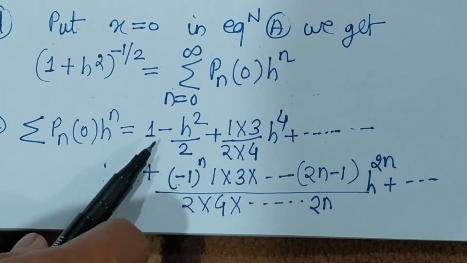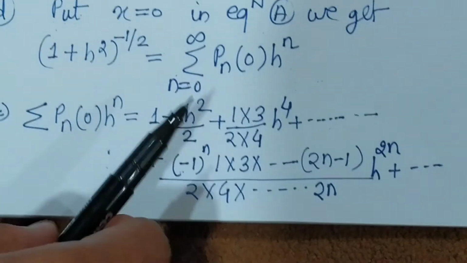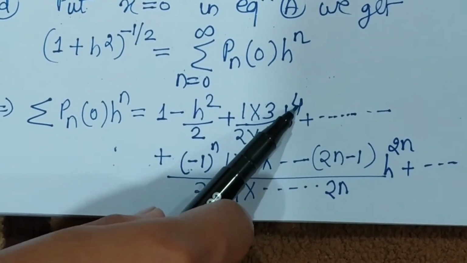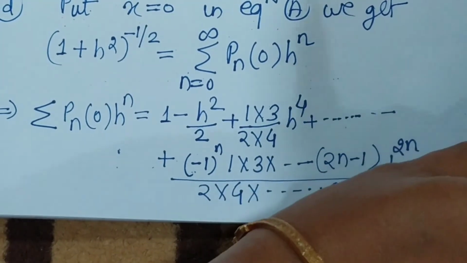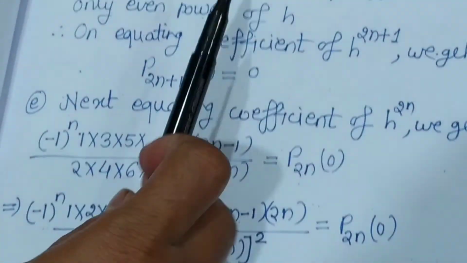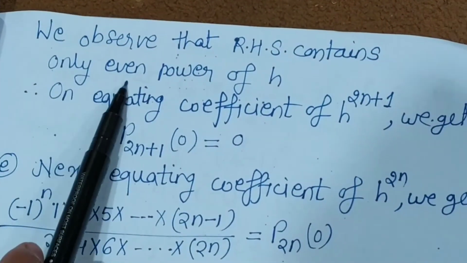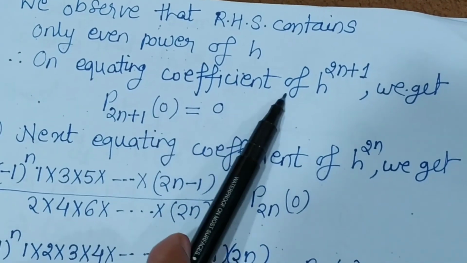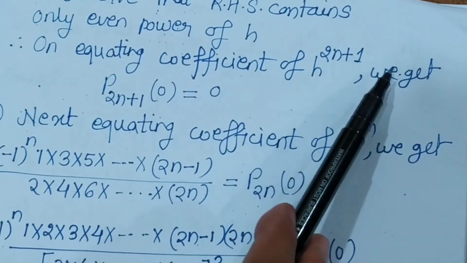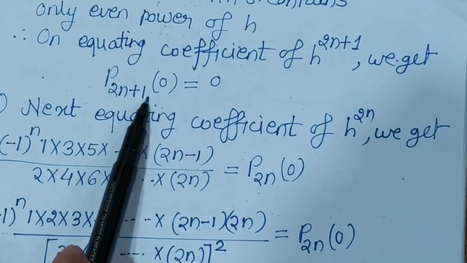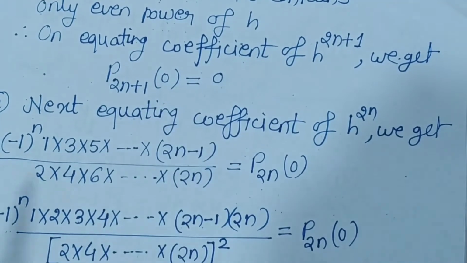Now what we observe here is that we are getting only even powers of h: h square, h to the power 4, h to the power 2n. Therefore the right hand side contains only even powers of h, so on equating the coefficient of h to the power 2n plus 1, we shall get 0. So therefore P2n plus 1 of 0 is equal to 0.